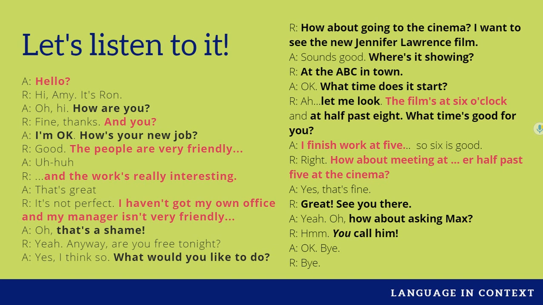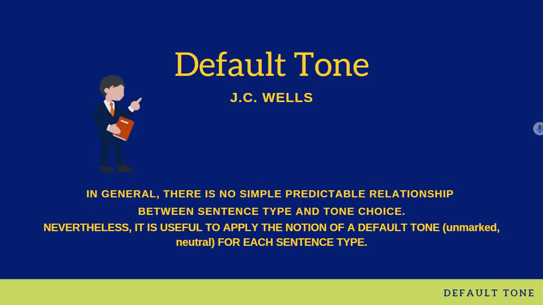As we can see in the dialogue, with stretches of spoken language in context, we can see how the different tones can be used according to the situation. In the material called English Intonation by Professor Wells, the idea of a default tone is introduced.